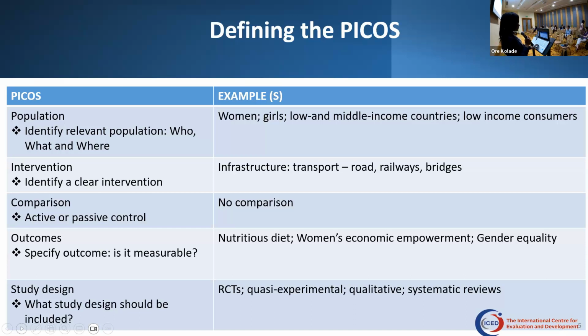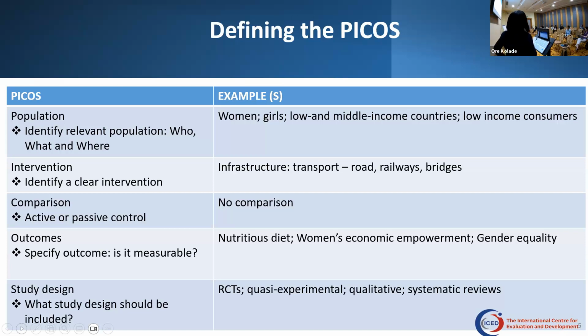Now you have to identify your intervention. So in our case, the intervention was the physical infrastructure. And here you can be specific or broad. So it can just be transport, where you are going to have the various categories under, or you can go specific, like roads. So how does the construction of roads affect your outcomes?